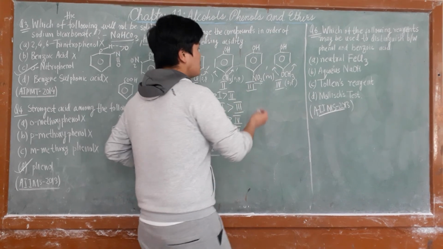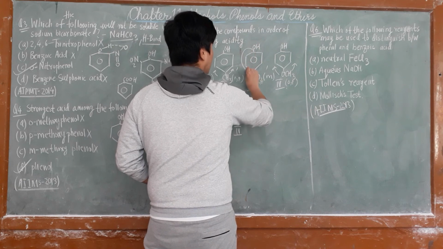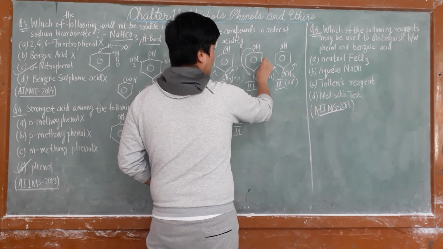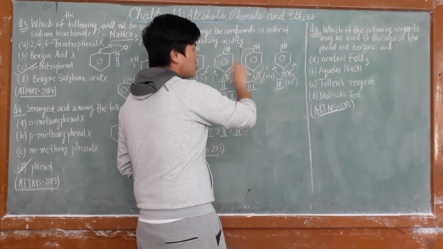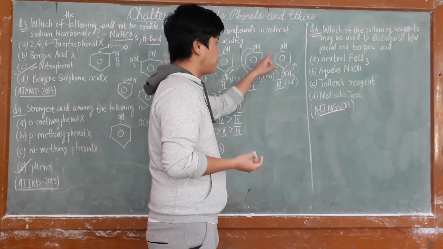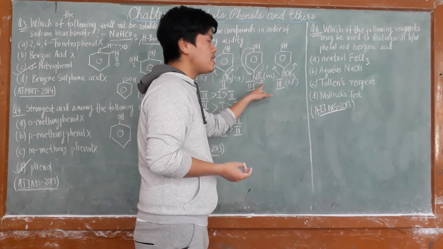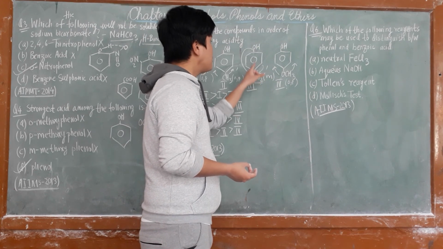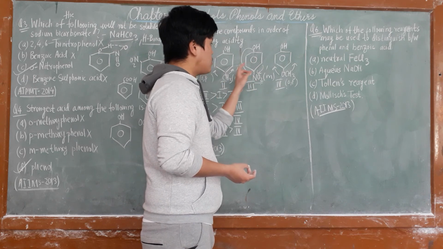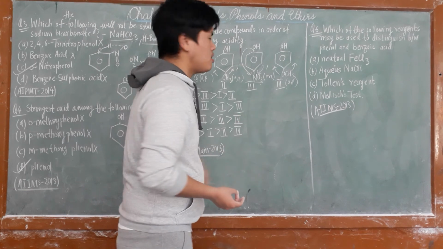NO2 withdraws electrons from the ortho and para positions, so meta directing in the sense that electrons are pulled away from ortho and para.